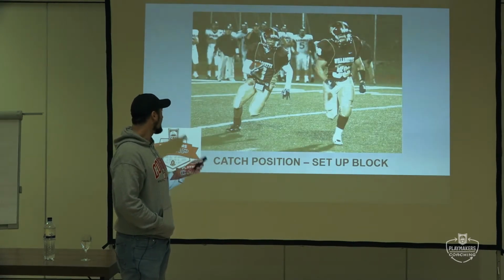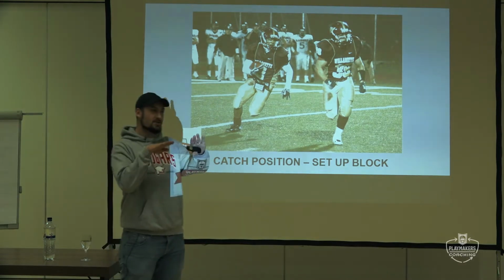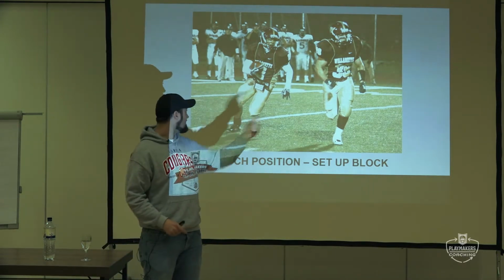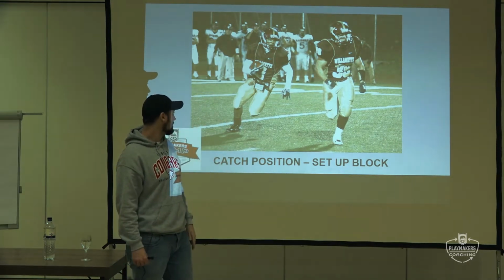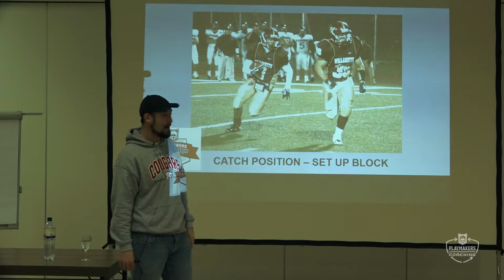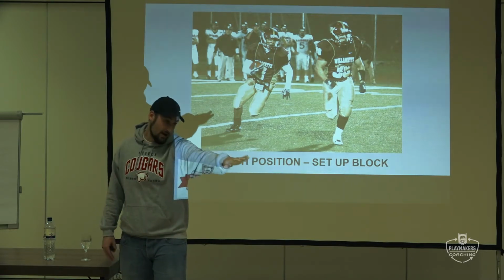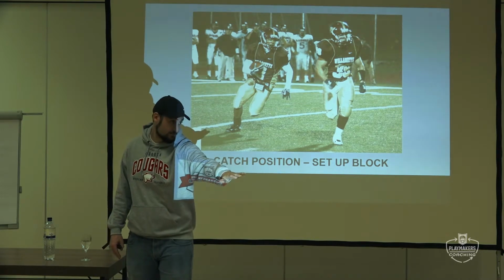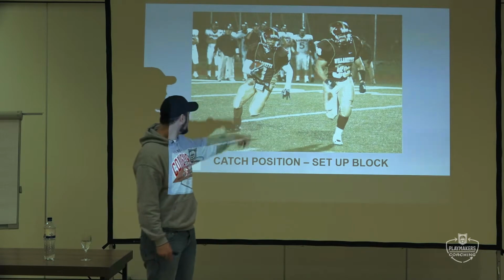The catch portion and the set up the block portion. So, the catch position. We tell our players we want to be on the outside hip. If we're going left to right here in this picture, he's on the outside hip, just behind the fullback. Ideally, he can reach out and touch the outside hip of his fullback, right? He could probably do that here.